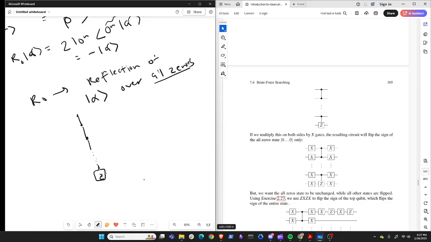The Z gate will be applied if these are ones. However, we can apply X's on either side of all of these, and it will apply this rotation if these are all zeros now. It's negative control.